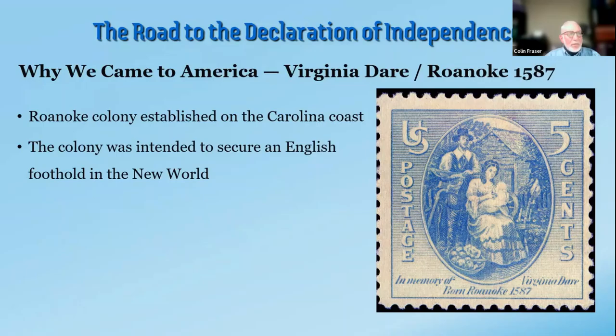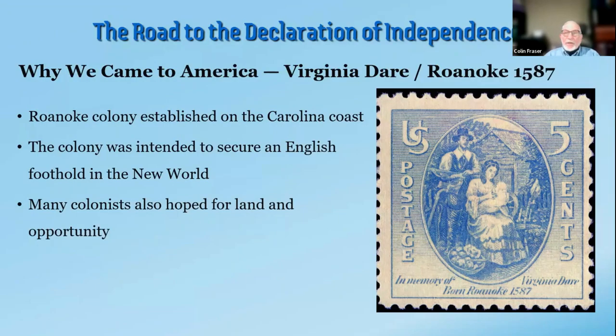It was intended by the English to secure their foothold in the New World. And many of the colonists, of course, weren't all about imperialism. They were about getting free land and recording in progress. And what was represented as limitless opportunity.